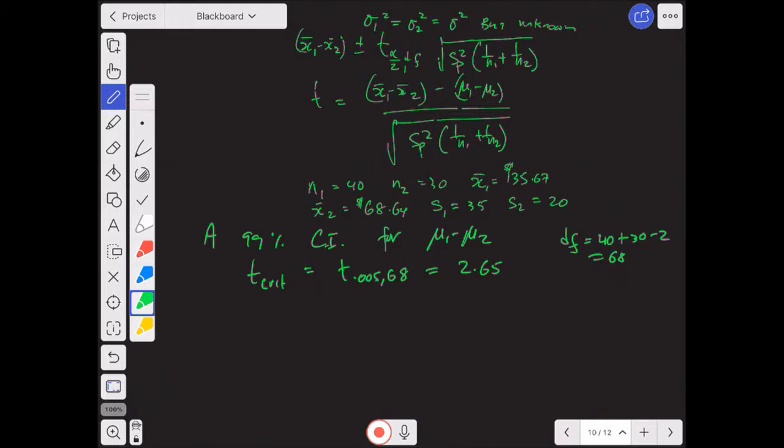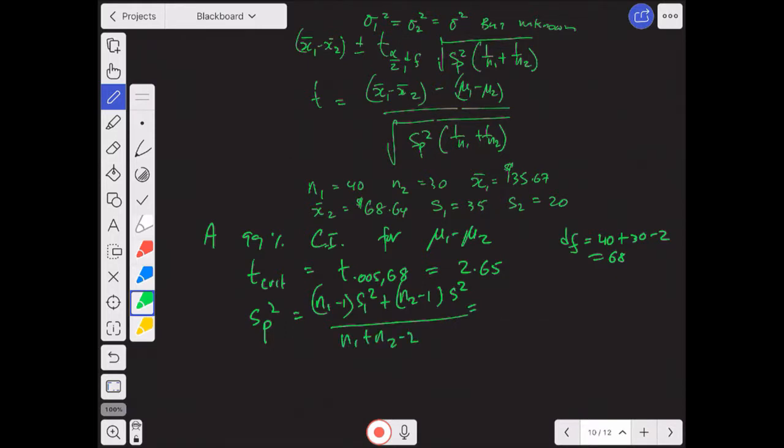And then we need sp squared. It's always good to just calculate on the side what sp squared is. I gave you a formula for that in the first part, but just to remind you, I'll put it here and then put the values. So it's n1 minus 1 times s1 squared plus n2 minus 1 times s2 squared, over the degrees of freedom, n1 plus n2 minus 2.